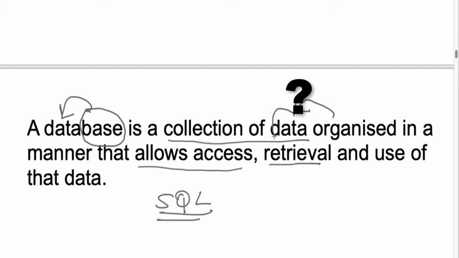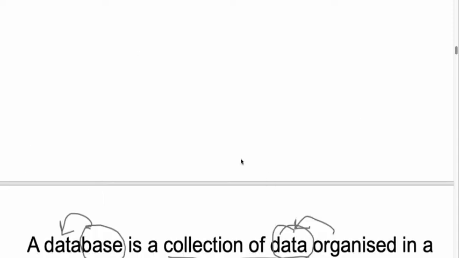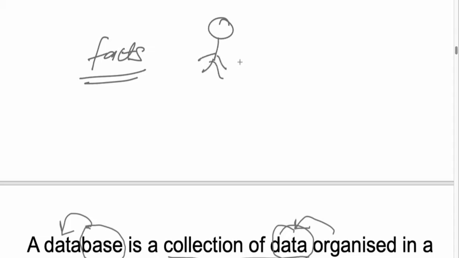Then what about this data we are talking about? When you say a collection of data, organized, in simple words, data can be what? Facts. Facts about what? Related to any object in consideration. If you are the object in consideration, what are the facts about you?